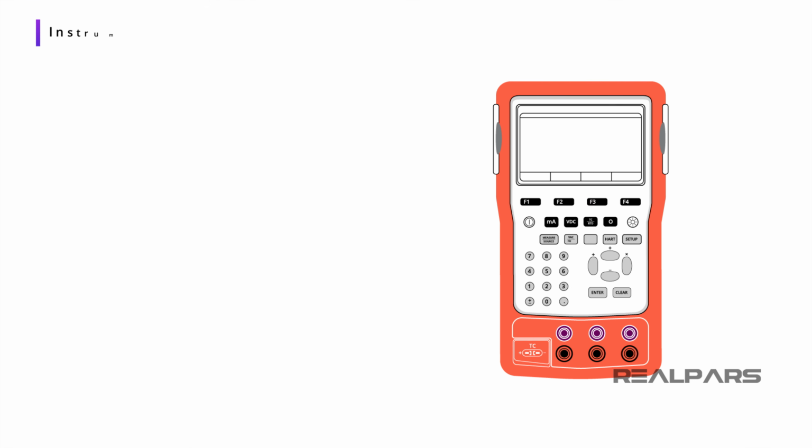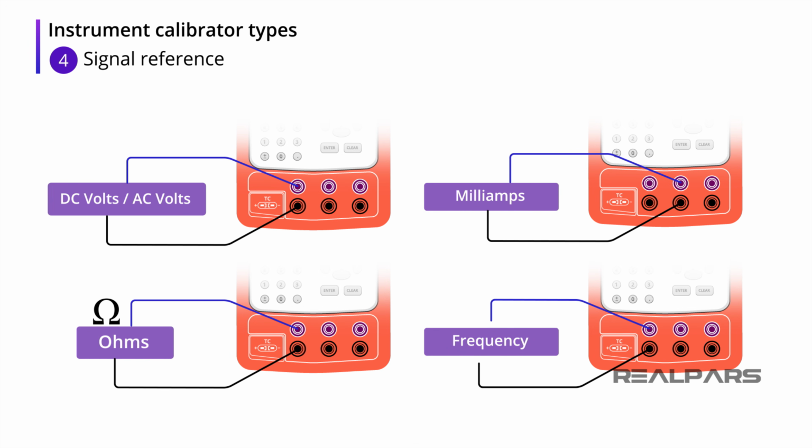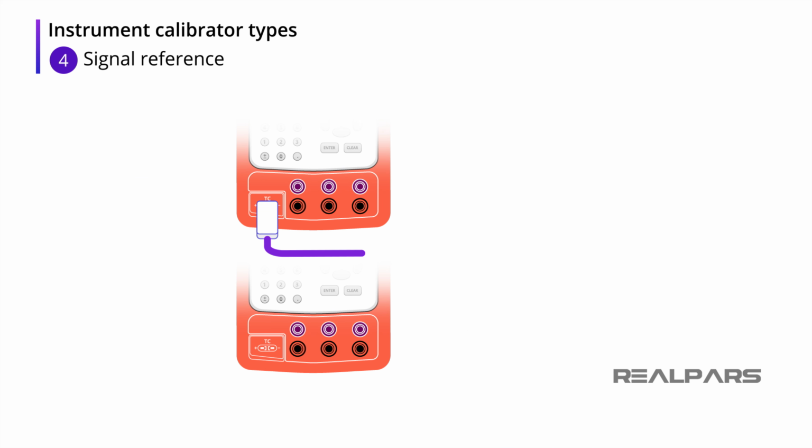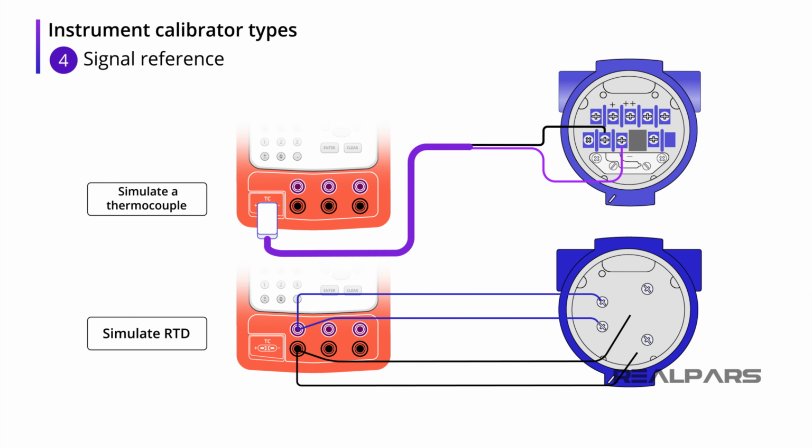As the name suggests, signal reference calibrators can output a variety of electrical signals. There are many different types of signal reference calibrators available to produce electrical outputs, such as voltage, current, ohms, frequency, etc. Many signal reference calibrators are capable of simulating thermocouples and RTDs as well.